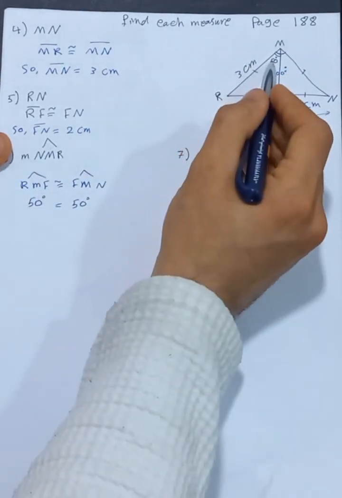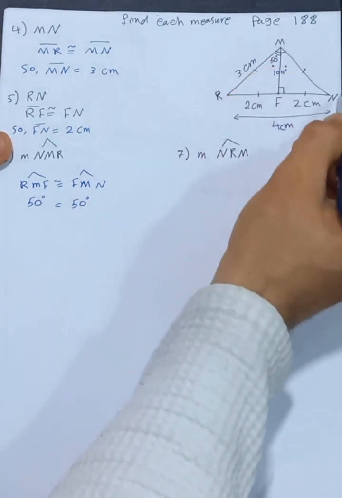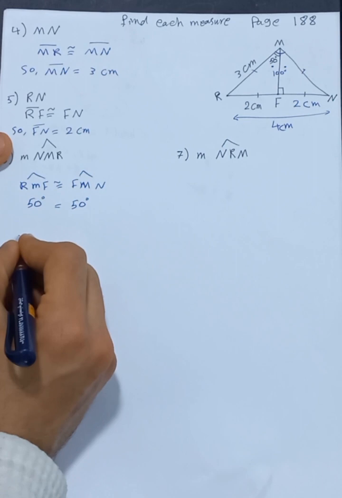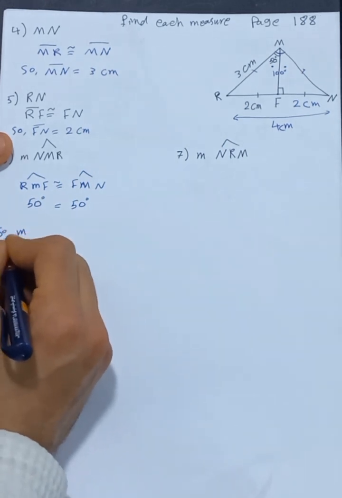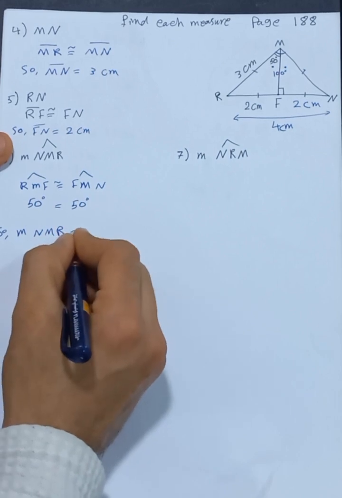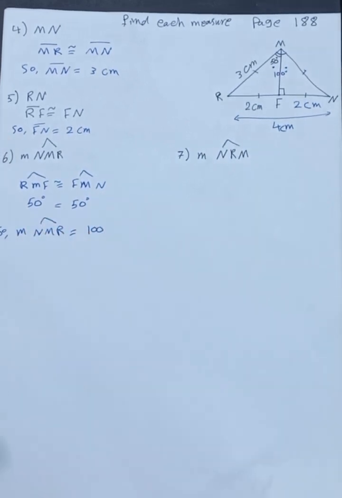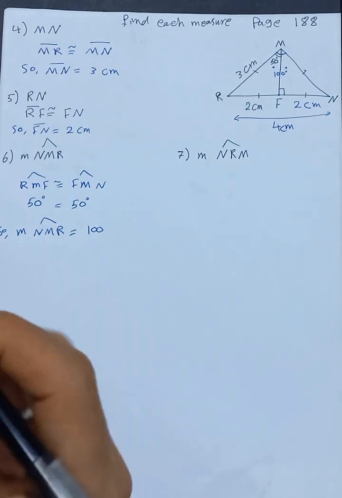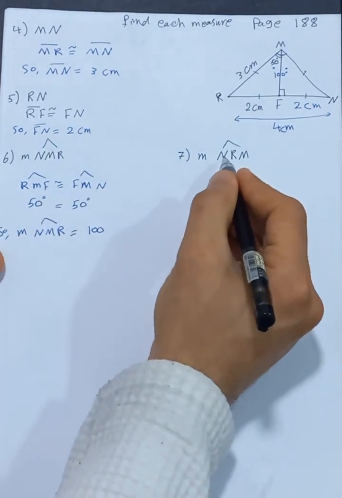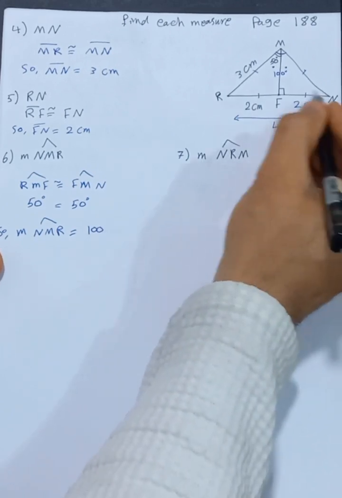So the measure of NMR equals 100 degree. That's it.